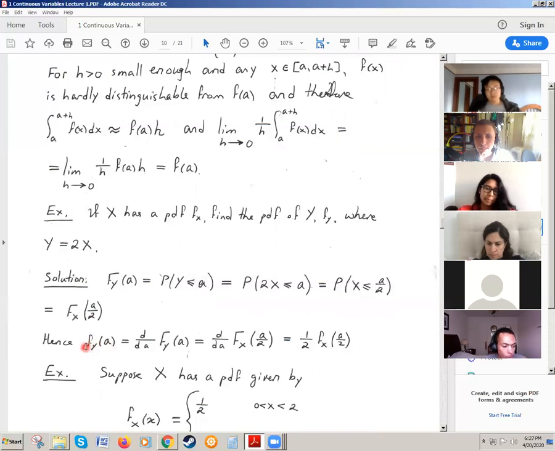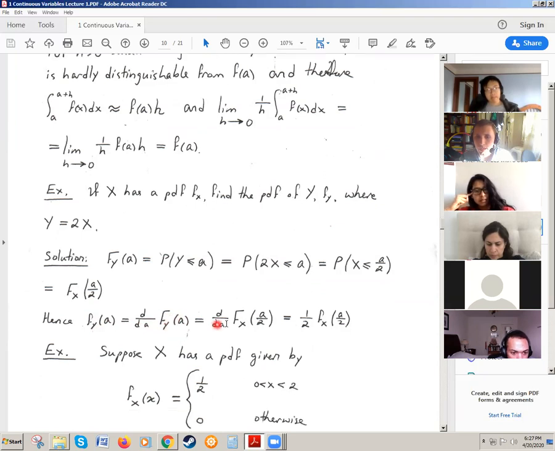And then what is the density function for y? It's just the derivative of the cumulative distribution of y, which is the derivative of the cumulative distribution of x evaluated at a over 2. And how do I take the derivative of a composite function? The derivative of big F x is little f x. And the derivative of what's inside is 1/2.